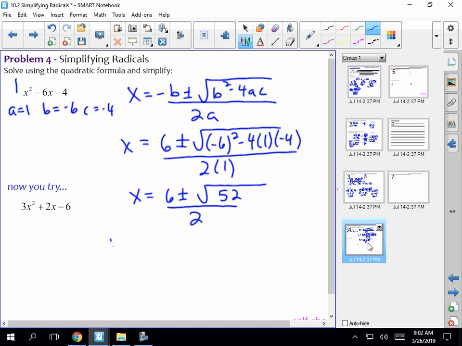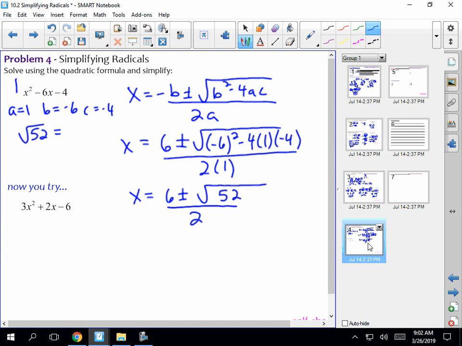If you take the square root of 52, write it over here to the side. What's the biggest perfect square that goes into 52? 4 does go into it, 13 times. Does 9 go into 52?